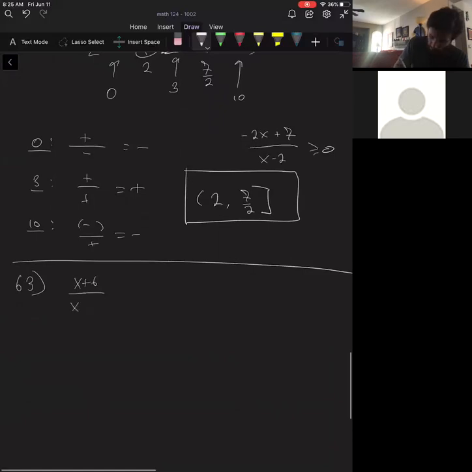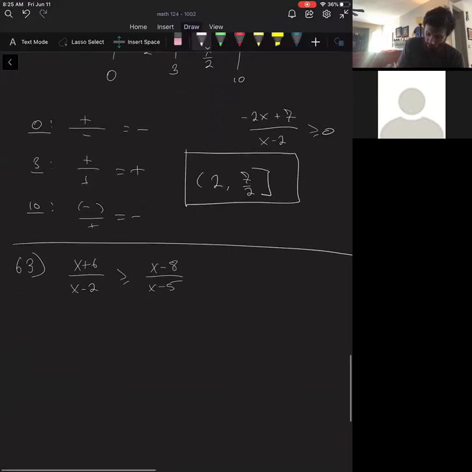So x plus 6 over x minus 2, bigger than or equal to x minus 8 over x minus 5. All right, so just like before, we got to get everything onto one side, get a common denominator. So let's subtract the x minus 8 over x minus 5 to the left.